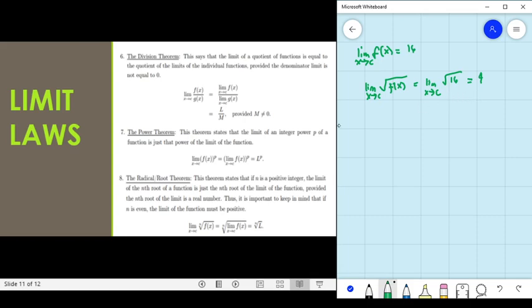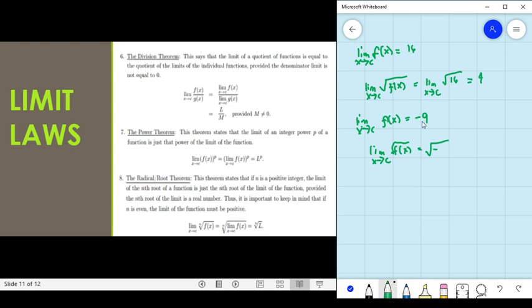Another example: if we have the limit of f of x as x approaches c equal to -9, and we want to find the limit of the square root of f of x as x approaches c.